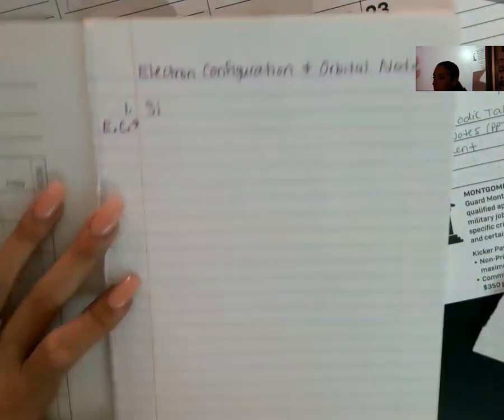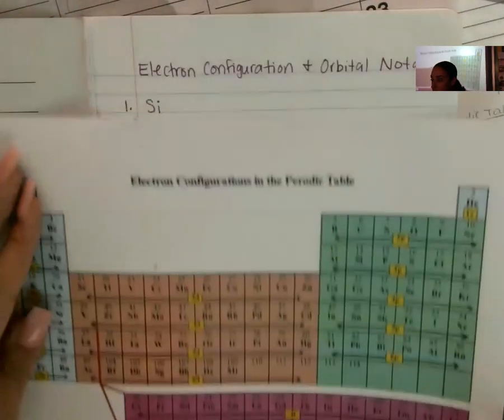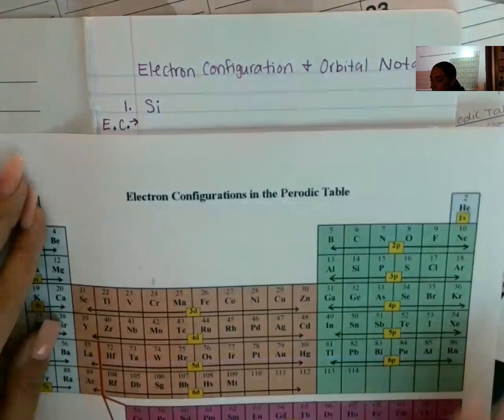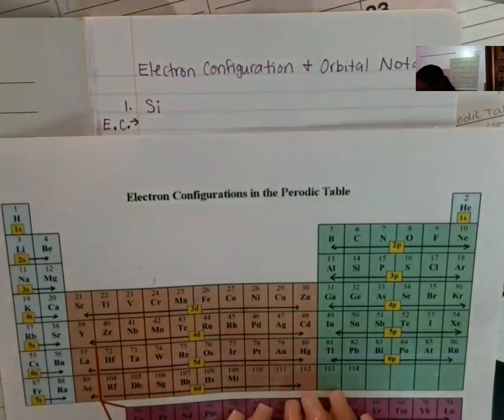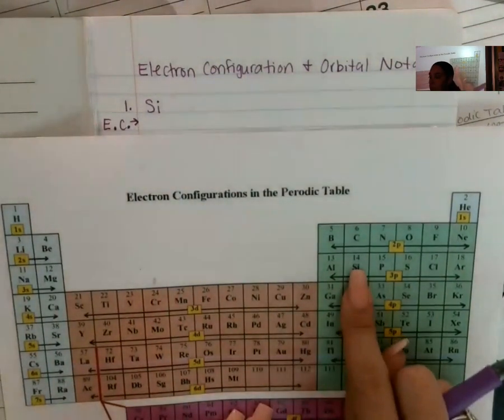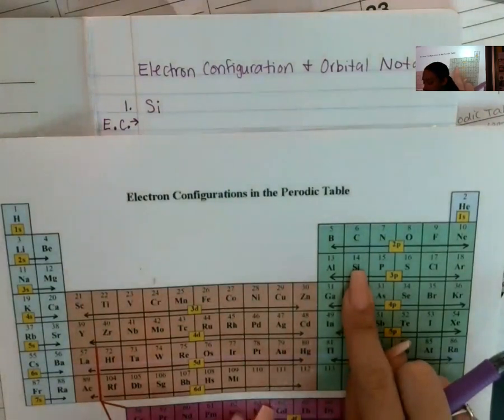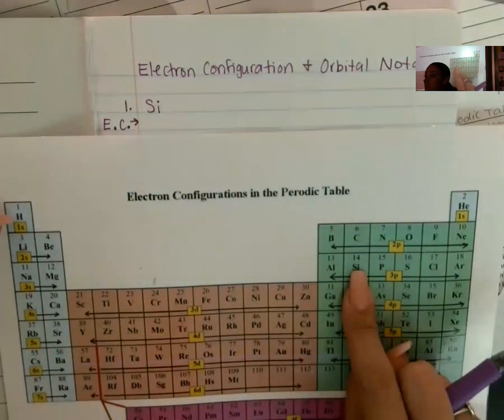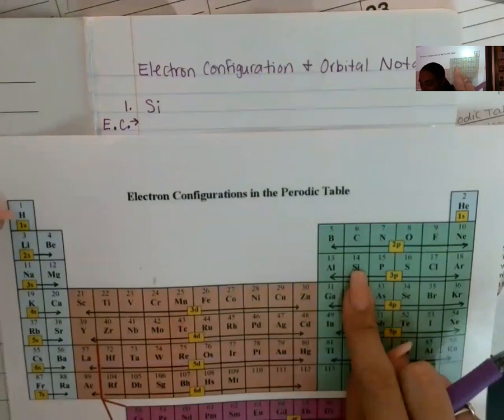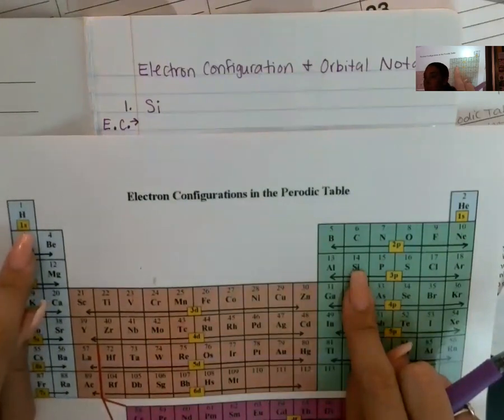Okay, so we'll need our periodic table. We are trying to get to silicon, which is number 14. Start at the beginning and go row by row, writing down what's in yellow and counting how many are in each of those levels.